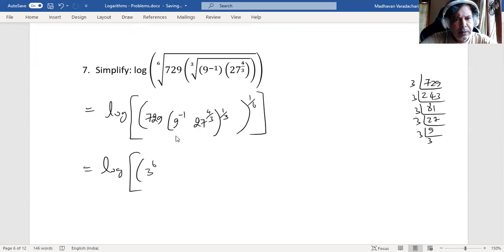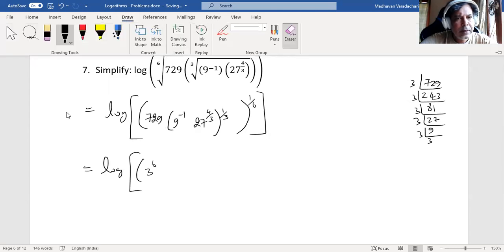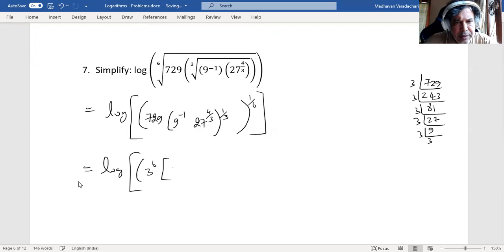Now I will write 9 inverse as 3 square to the power of minus 1. 27, I will write it as 3 cube to the power of 4 by 3. This whole thing to the power of 1 by 3. And this whole thing to the power of 1 by 6.